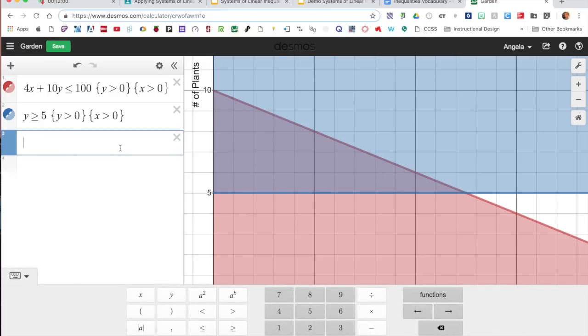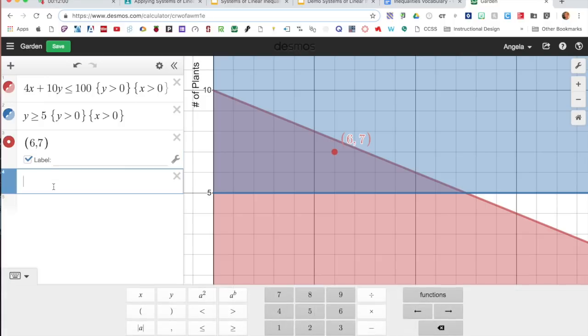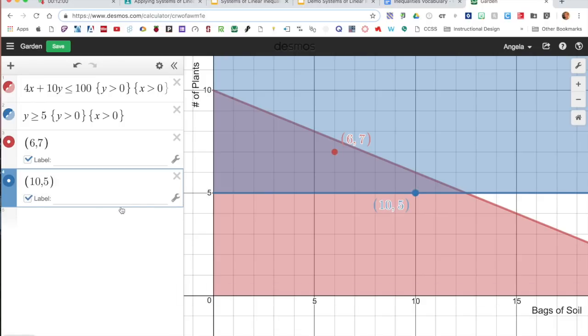So can I use the point 6, 3? Does that work? Nope, not quite. How about 6, 8? Not quite. How about 6, 7? Yep, and I can check the box, and that's going to be inside the area that's included. And then I could also do another point, 10, 5. That one's a solution. So I have lots of points that are going to be inside of that space.